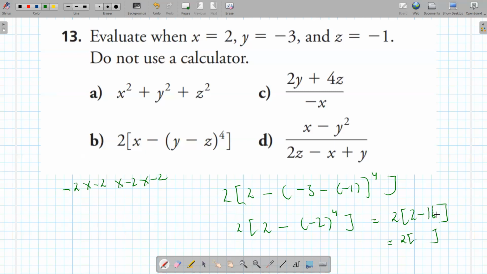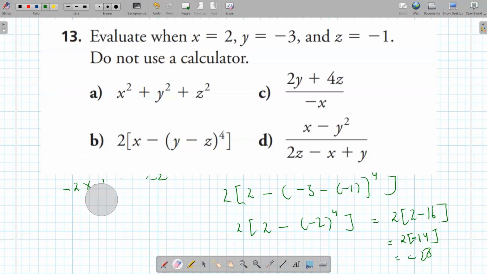Yeah. 2 minus 16 is negative 14, right? What's 2 times negative 14? Negative 28. Yeah, negative 28.